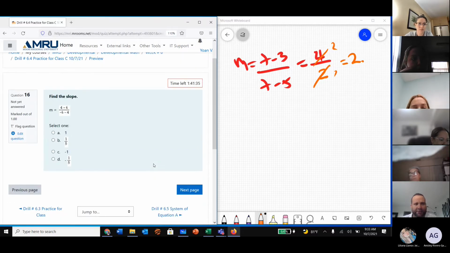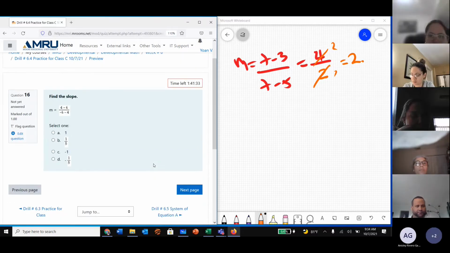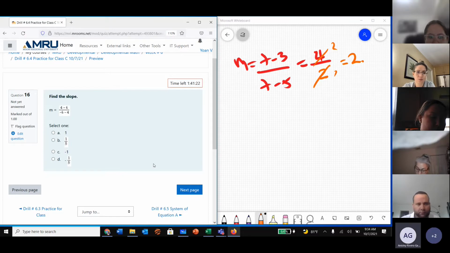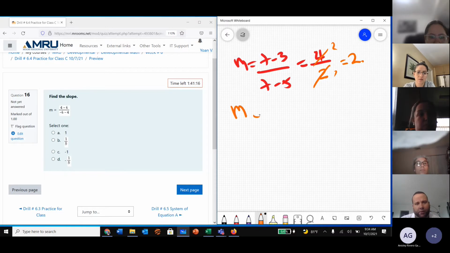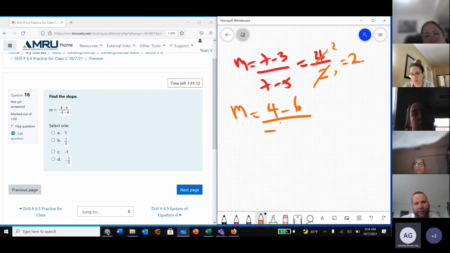Okay, what is the answer here on 16? 3 minus 1. What is the answer? It's 1 over 5. Okay, let's do it. The slope is 4 minus x over -6, -4.